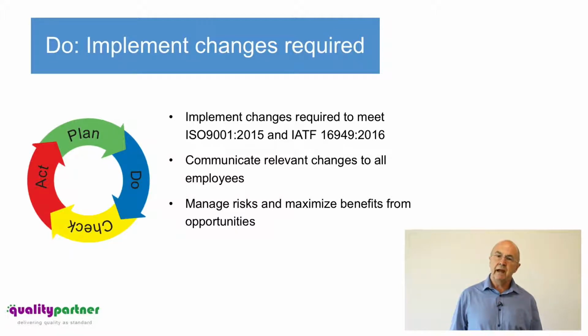Within the planning phase, we would have identified risks and opportunities. What we need to do in the doing phase is demonstrate how we are managing those risks and opportunities, and particularly how we are maximising the benefit from the opportunities that we've developed.